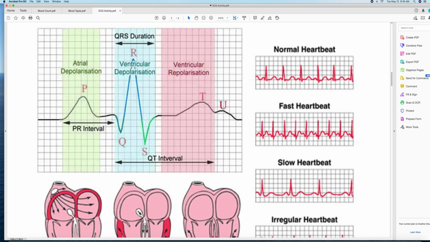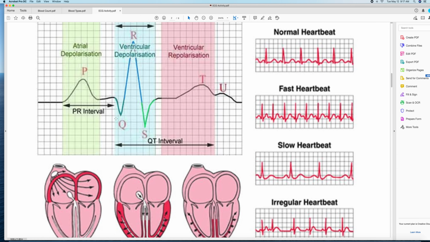And so we have these different waves. For example, when the atria are depolarizing, we are going to get this P wave right here. So this is the atria contracting. From there, we are spreading down to the AV node, and when we have ventricular depolarization, remember the ventricles are discharging.